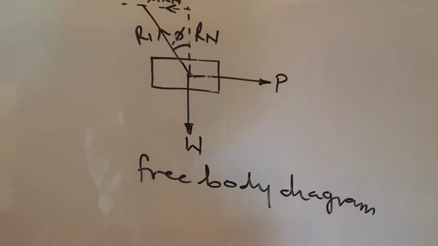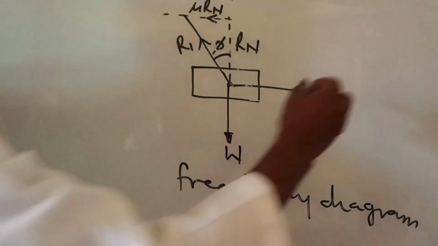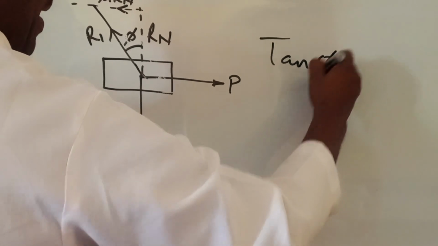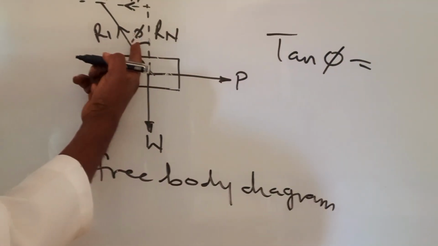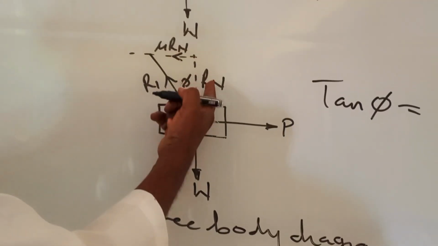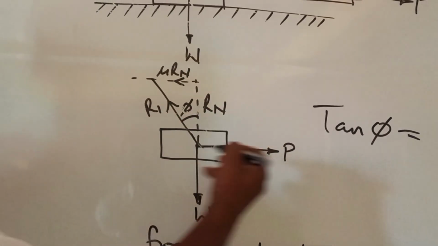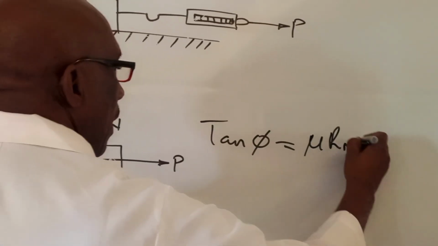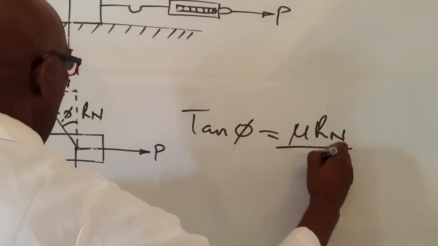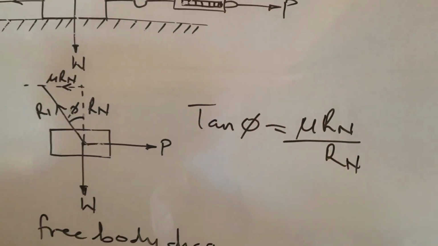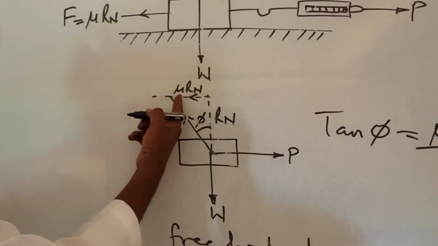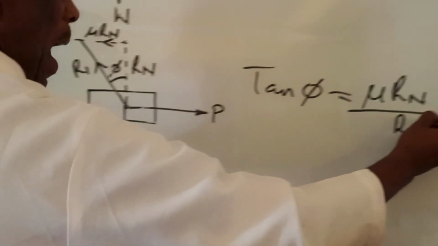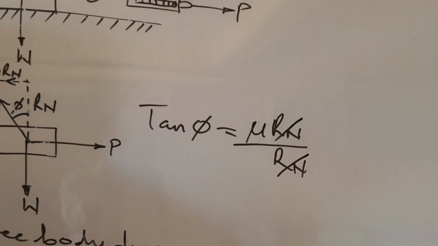Now, if we consider tangent phi, tangent phi is equal to opposite over adjacent, which is equal to mu Rn over Rn, where Rn and Rn cancel out.